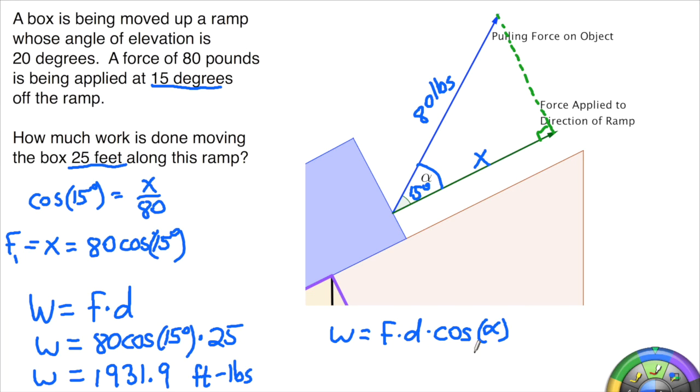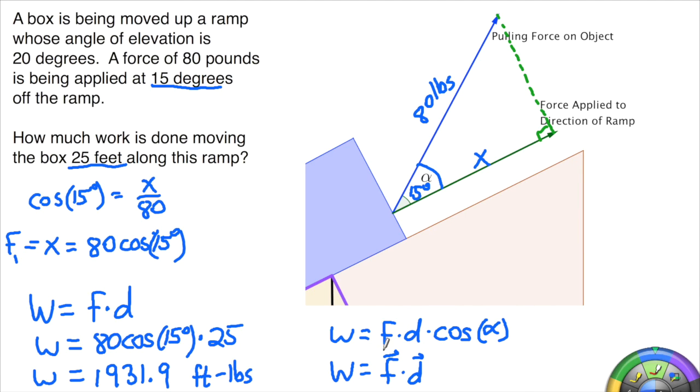This should look quite familiar to you if we start putting vector notation in here. Force is a magnitude, distance is a magnitude, so this is the magnitude of the force vector, the magnitude of the direction vector times cosine of the angle that separates them. That's the same thing as the dot product between their vectors. It's just a neat little observation.